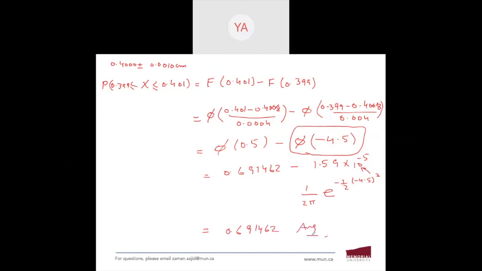Now this is one way of doing this. If you want more accuracy in your calculations, we can use some computer application. In the computer application, the very first is that you can use Excel or Minitab. Now we have some formulas in Excel to find your phi of Z. I'm going to take our previous example here, which we just finished.